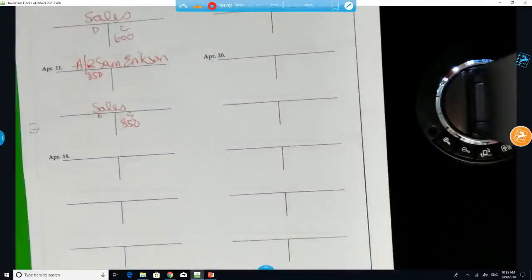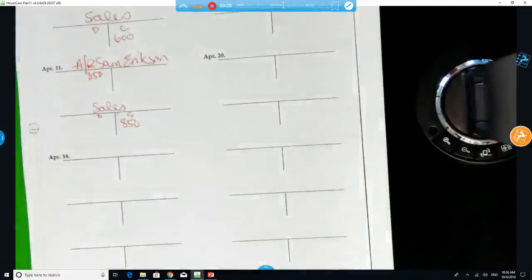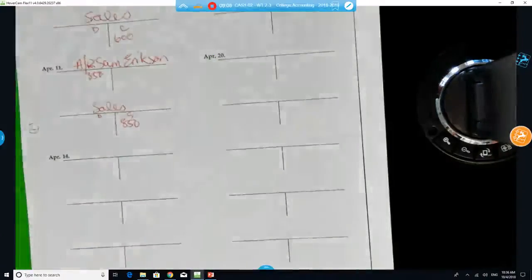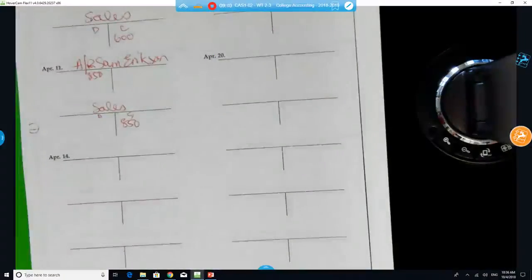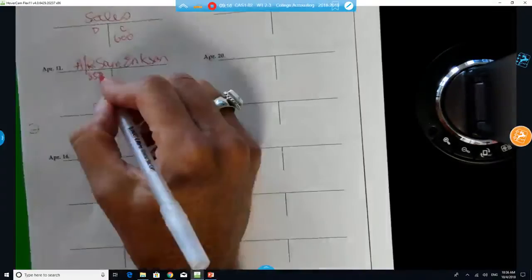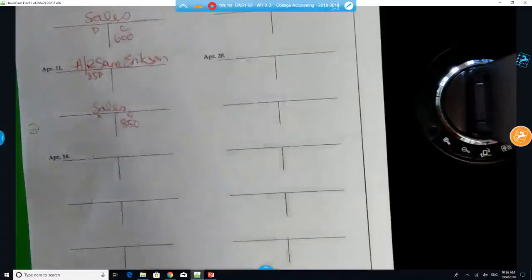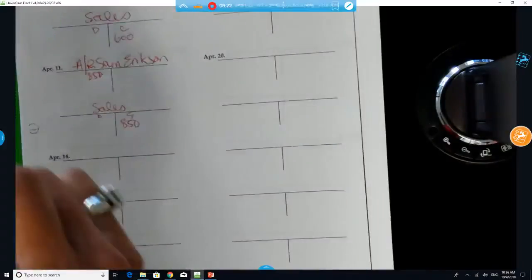If we have an asset on the other side of the accounting equation, it has to be increased, and it's going to be increased with a debit. So we debit accounts receivable, Sam Erickson.